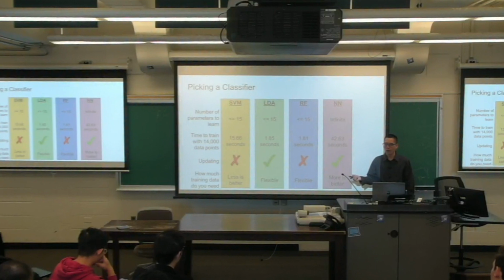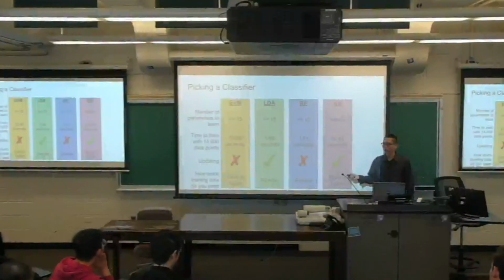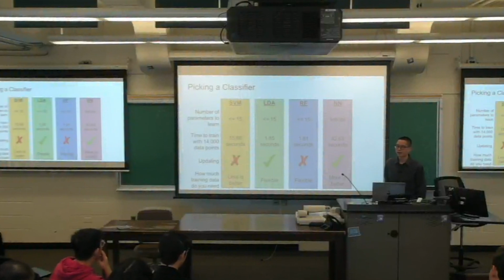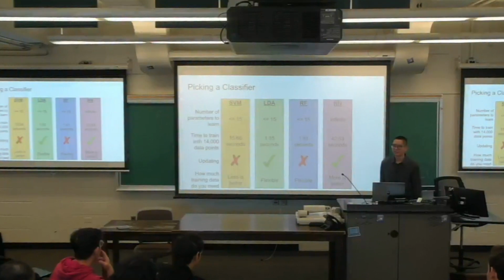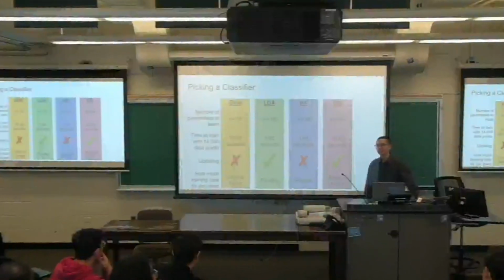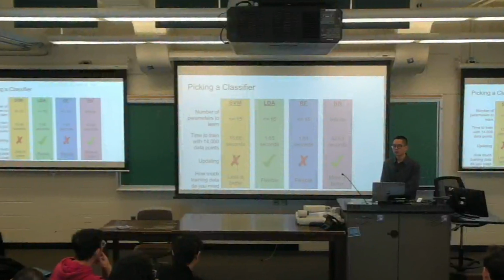So a question for you, food for thought. Which one would you choose for this inference task? Any ideas? Yes? Maybe the random forest. Why do you think so? Because given that you have like eight features, it's a good number to start with.